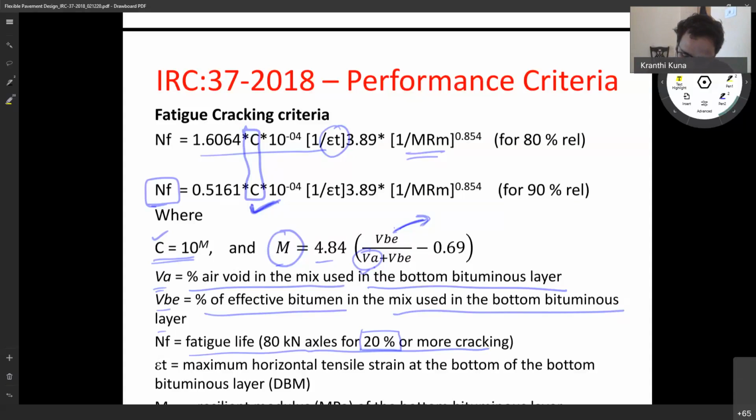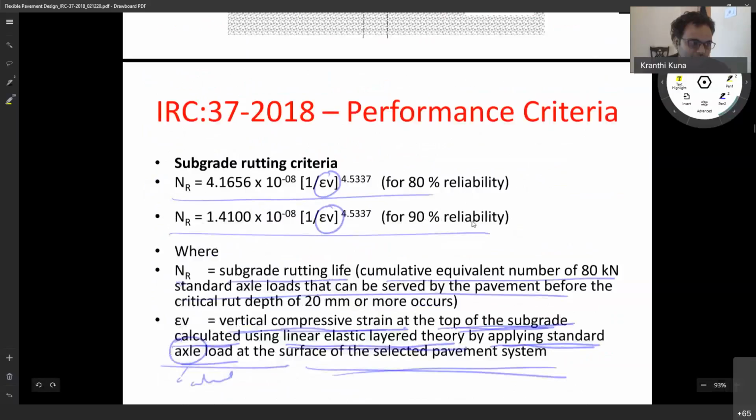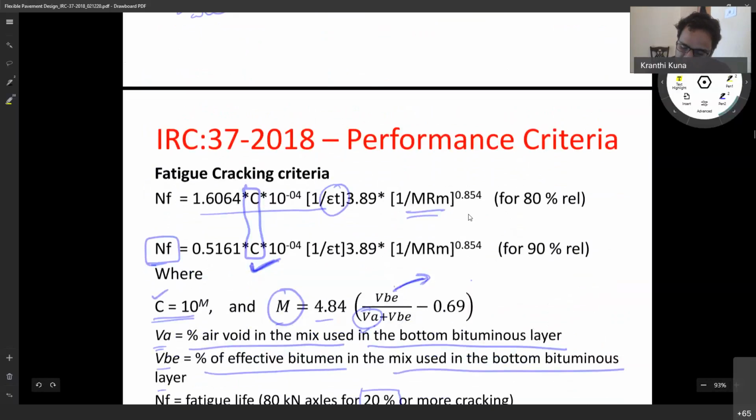Epsilon T is the maximum horizontal tensile strain at the bottom of the bituminous layer, and MR is the resilient modulus. These two we already discussed, and now I have discussed what C is and its importance, why C was introduced in IRC 2018.